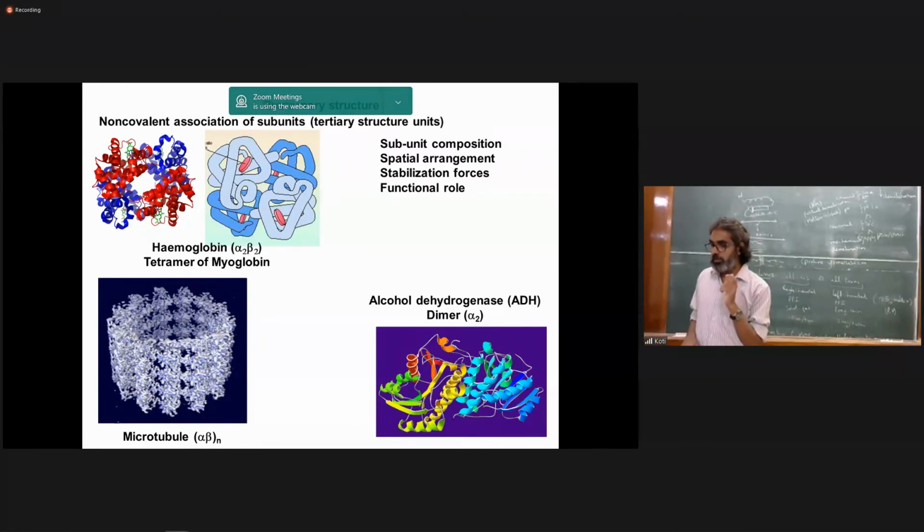This alpha is not alpha helix, and beta is not beta strand. Alpha is the alpha subunit, meaning it has a well-defined protein sequence, and that sequence is slightly different from the beta unit. The same thing applies to the microtubule: you have 2 slightly different tubulin molecules, with differences in the sequence, that come together. But in alcohol dehydrogenase, it shows alpha 2, meaning that the same molecule forms a dimer.